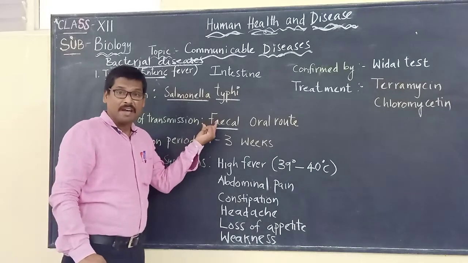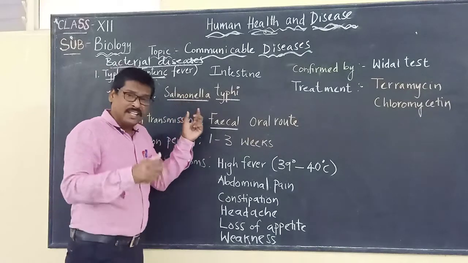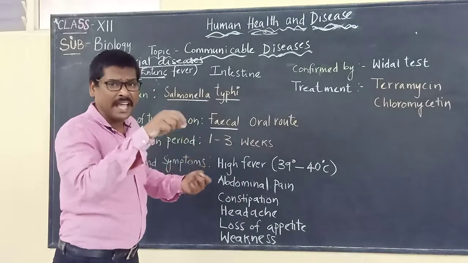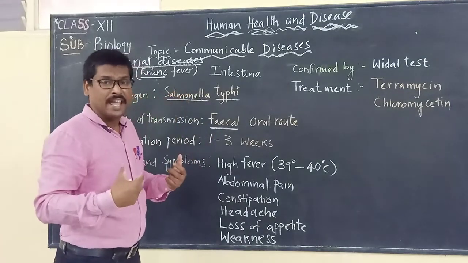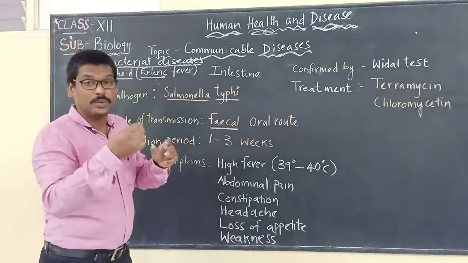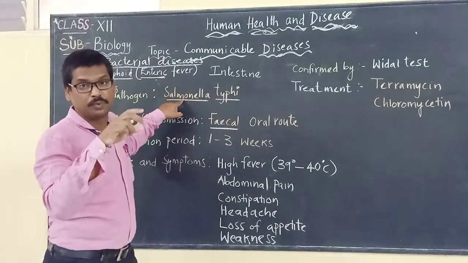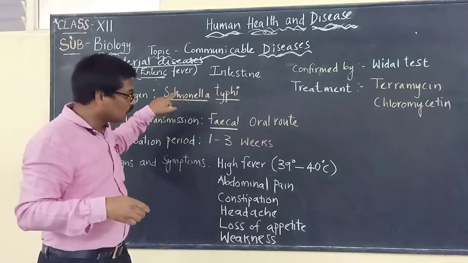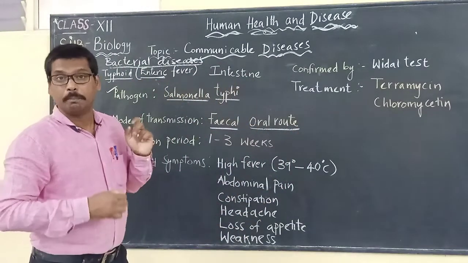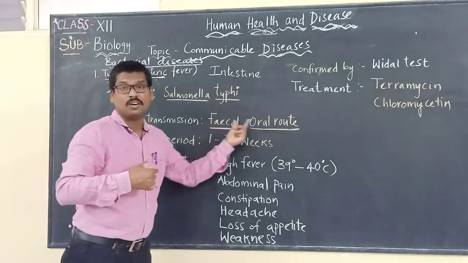When houseflies visit this fecal matter, they carry the bacterium on their bodies, and when these flies visit food that is cooked and prepared to eat, they may drop the bacteria on the food or in the water. Through the oral route, the bacteria then enter the body. So the mode of transmission is given as the fecal oral route.